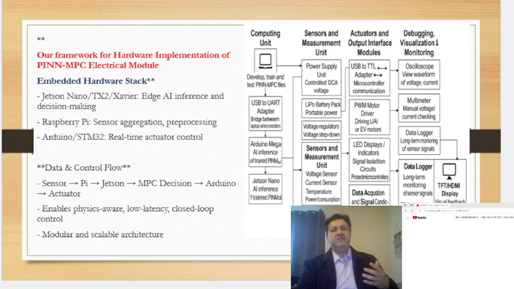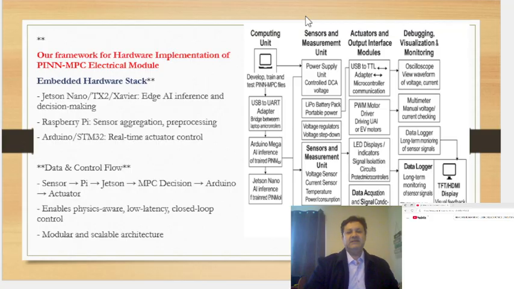So now, whatever I have, how does that have to be implemented in my computing unit first, and how will my system compute? The data control flow will be from the sensors to the Jetson, then MPC decision, and Arduino actuator. This will be the data flow. So where is the sensor? The sensor is here.